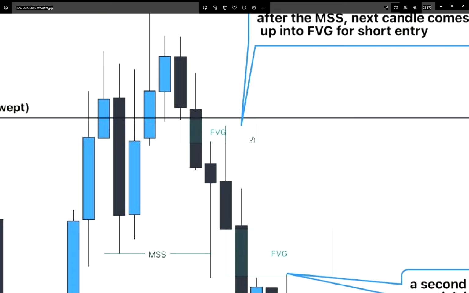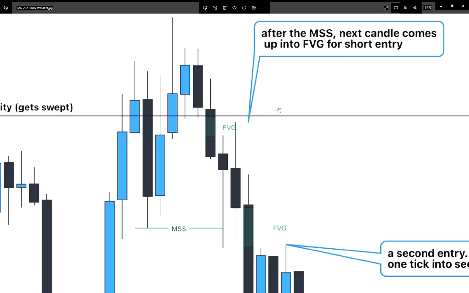Now the fourth candle is supposed to actually touch inside the gap, and that's the entry. You want to enter at some point in the gap. I'm not sure what the exact point is, that's up to you. We'll probably get into what the exact point can be coming up.